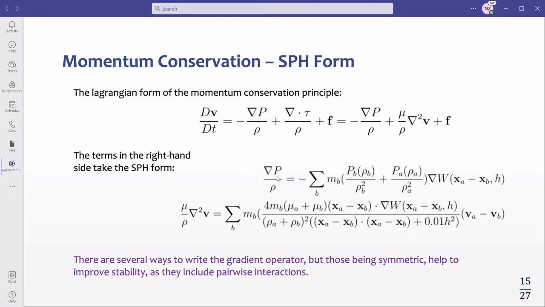And after replacing some values, you can see that the expression takes this form. And this form is desirable because it's symmetric. Particle A interacts with B in the same way that B interacts with A. This is really important to conserve momentum in the simulations.